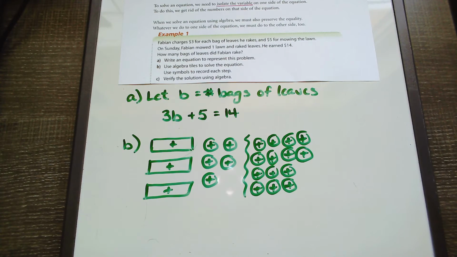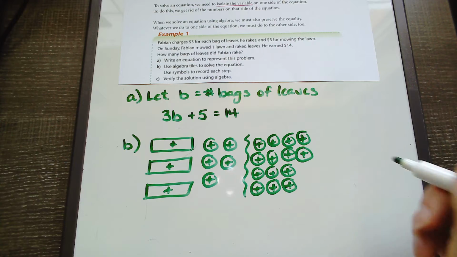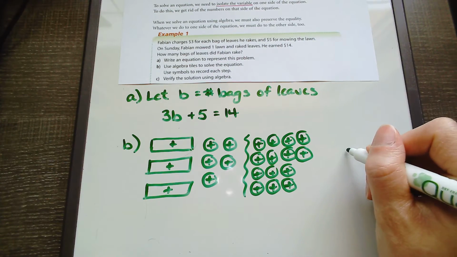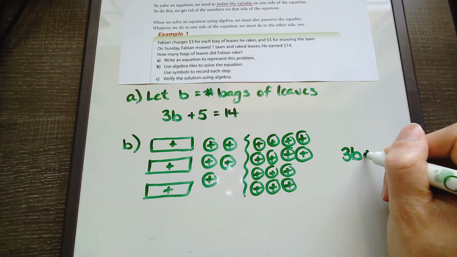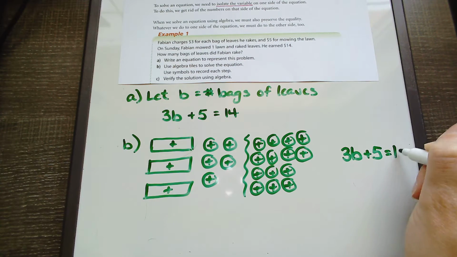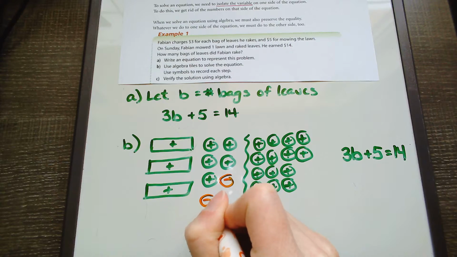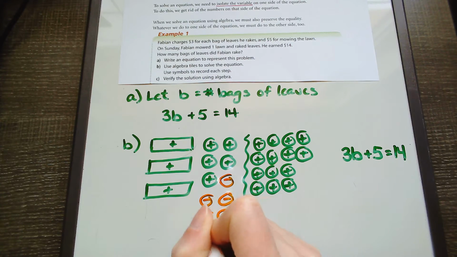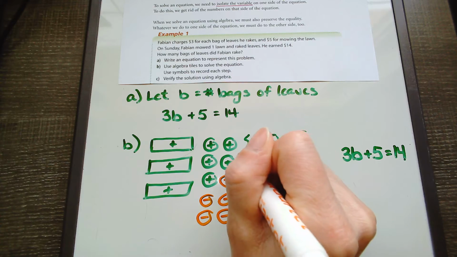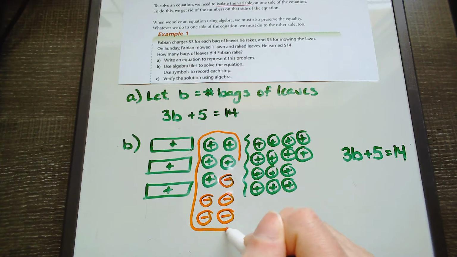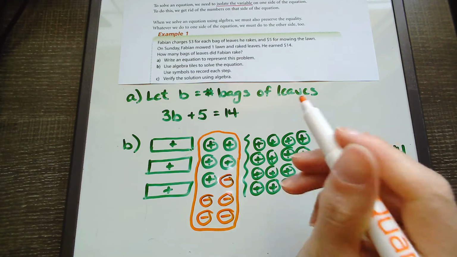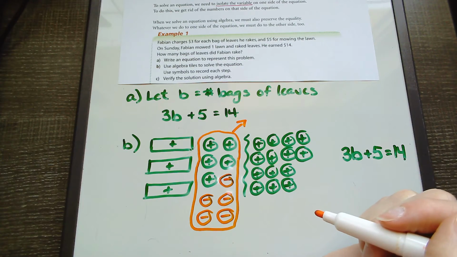All right, so this here I would record at the top as 3B plus 5 equals 14. The next step, if I were solving this, is I would need to get rid of these 5 here. So I would add 5 negatives. And when I add those 5 negatives, all of this becomes 0 pairs, and I take them away.